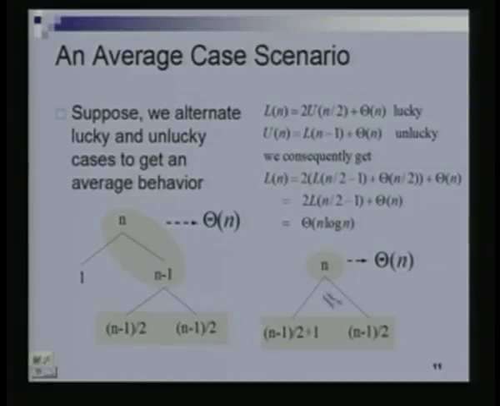I can think of it as, with theta n, or in particular 2n comparisons, I managed to split it into n minus 1 by 2 on one side, and let's say n minus 1 by 2 plus 1 on the other side. Actually I managed a 3-way split, because the 1 is coming here. So once again we'll have a depth of only log n, and I took 2n in each step, so it's 2n times log n or some such thing.